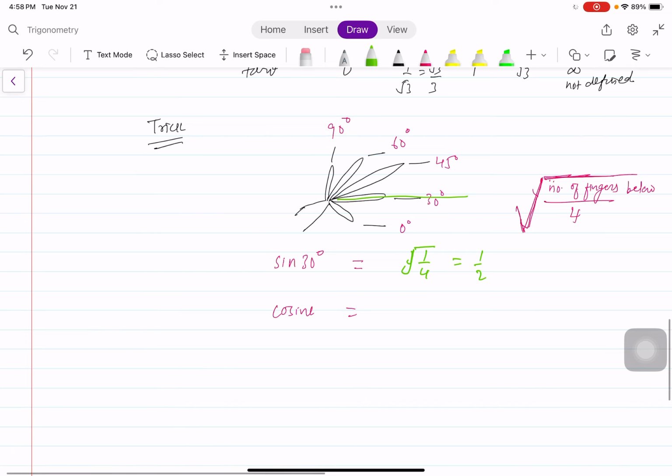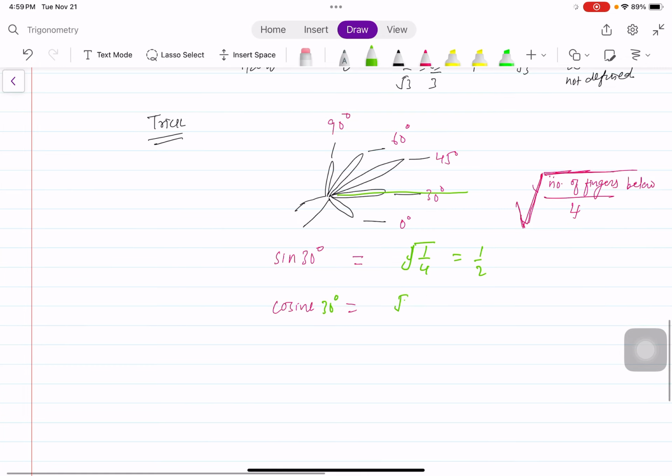What is cosine 30 degree? Cosine 30 degree will be fingers above. How many fingers are above? 3, so square root 3 over 4, which is square root 3 over 2. Or you can modify this formula for sine and cosine in this fashion.